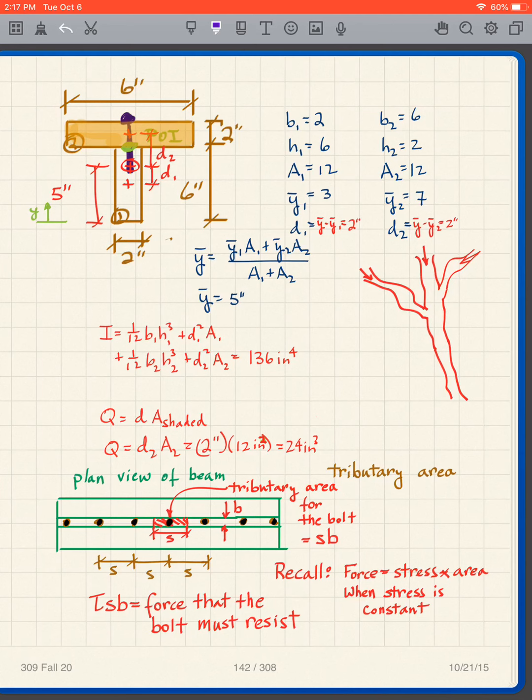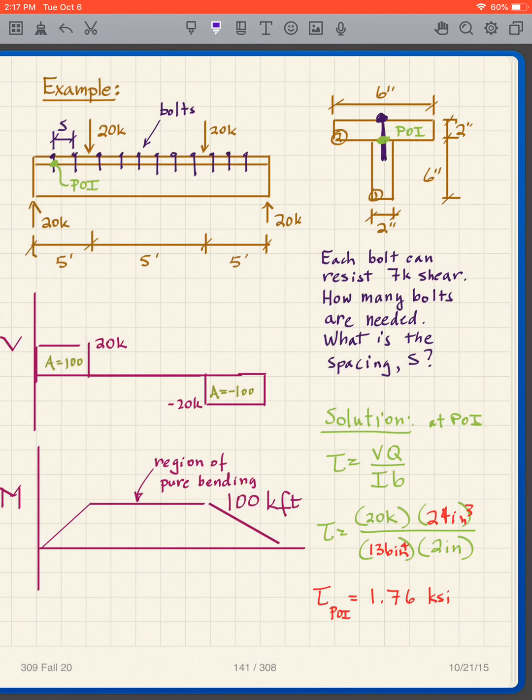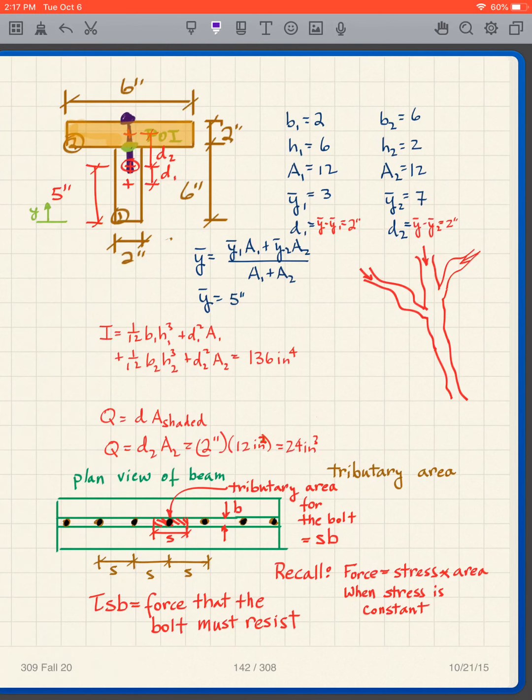So even though that shear force does not exist over the entire beam, just for the sake of keeping everything simple, we're going to assume, to be conservative, that this acts over the entire beam, and we're going to put the bolts at an even spacing based on the greatest shear.